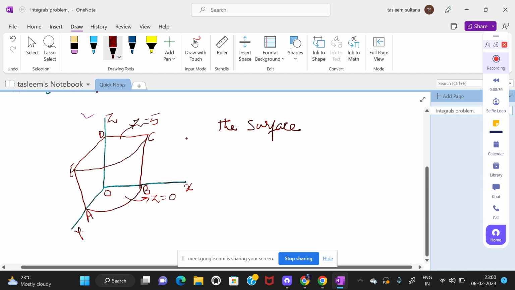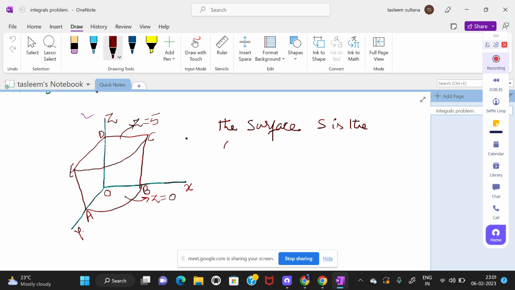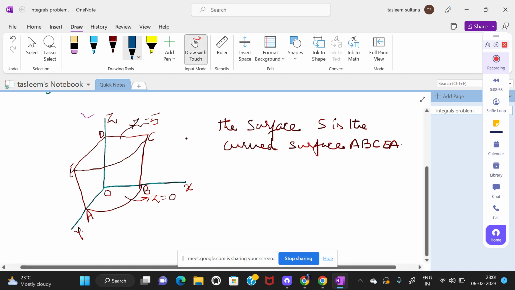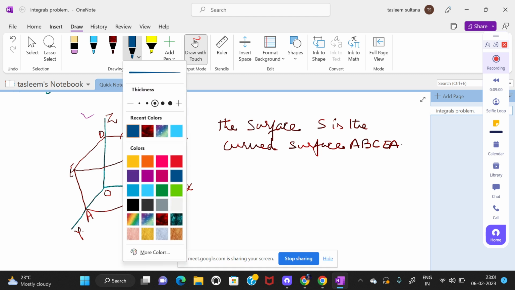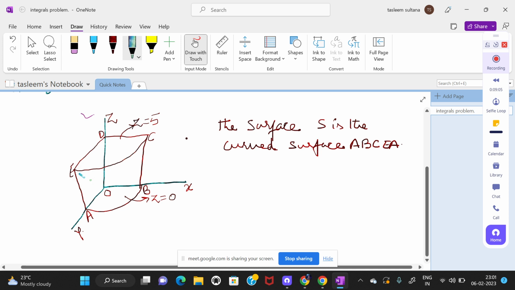The surface S is the curved surface ABCD. This curved one. Are you able to see this completely? Yes, ma'am.